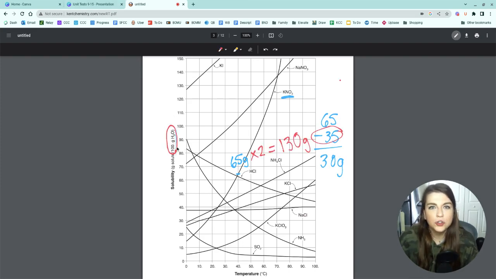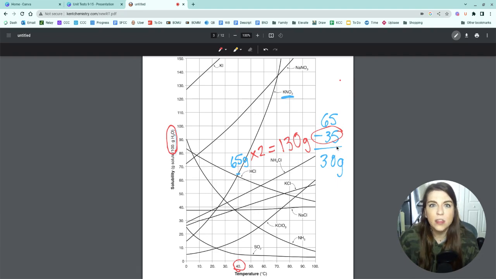If we're working in 200 grams of water, then theoretically we should be able to double the maximum amount of allowed solute in the solution. So instead of the solution holding 65 grams of KNO3 at a saturated solution at a temperature of 40, because we've doubled the water, we can double the amount of solute that we can dissolve. So this 65 will turn into 130 maximum.